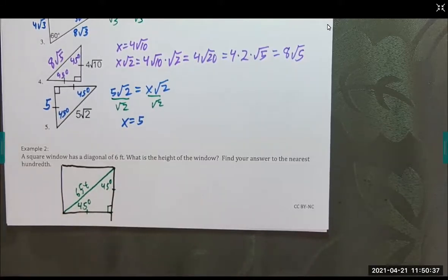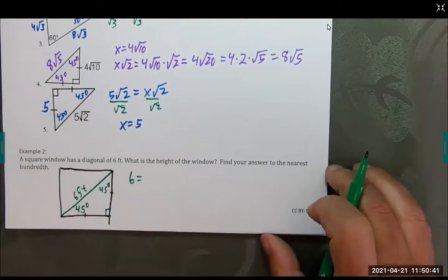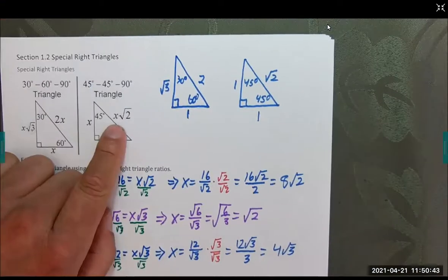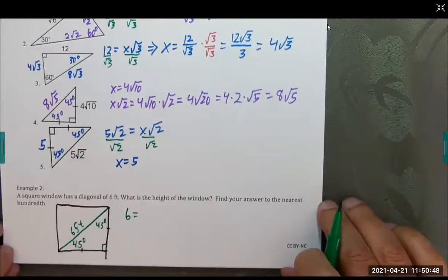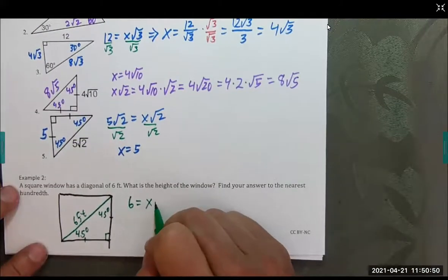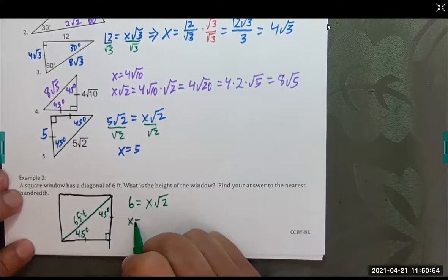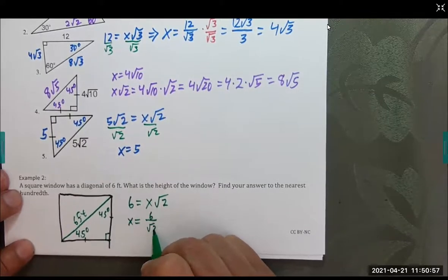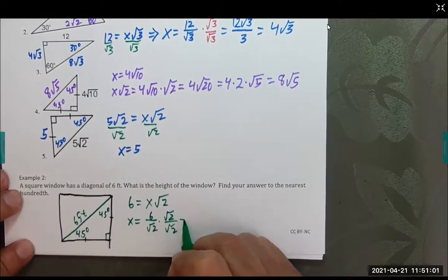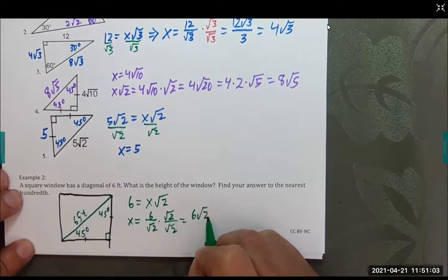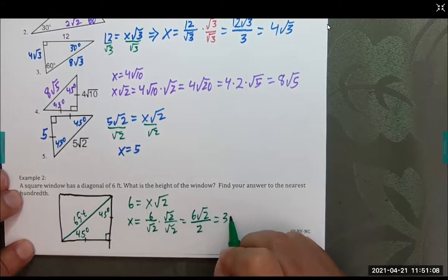And if our hypotenuse is 6 feet, if we go back up to our triangle here, our hypotenuse is x times root 2. Which means x is 6 over root 2. And if we rationalize that, here's our exact answer.